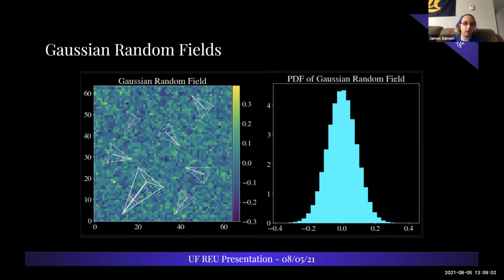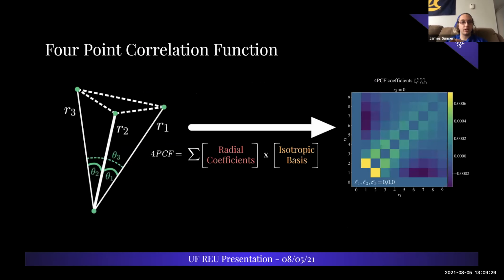The reason we chose this is that while it is associated with randomness, you can input a known power spectrum into it to create a known analytical model that we can compare our code to. A Gaussian random field is centered around a mean of 0, so we're just looking at fluctuations of a field. Knowing what the Gaussian random field is, and that it has predictable results, we ran our 4-point correlation function on this first, and this is what it spits out.